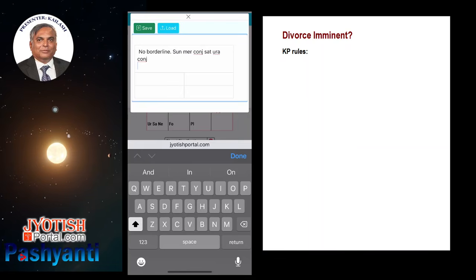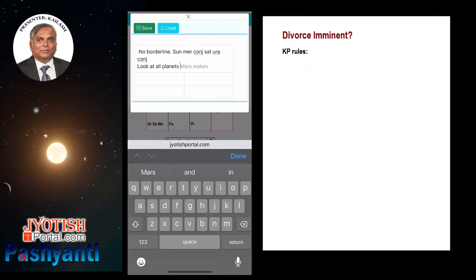And the professor has mentioned to look at all the planets. This is very important. You have to look at all planets and then make a note whether these planets are neutral or they are signifying 2, 7, 11 or 1, 6, 10 or both.